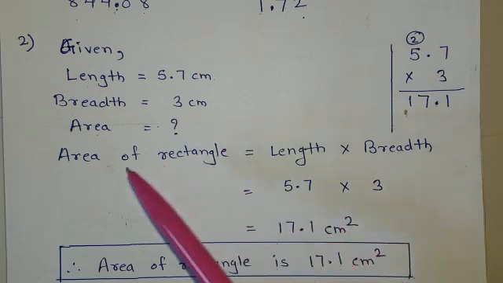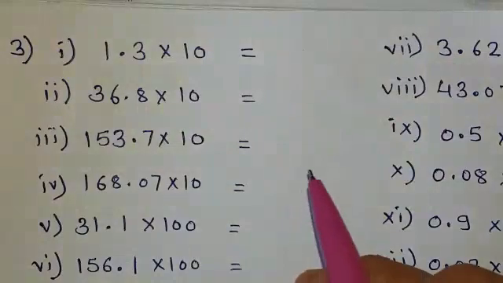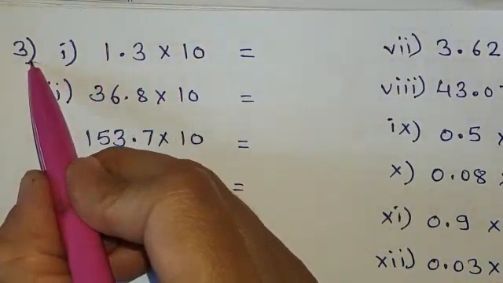And since it is the area, my unit will be centimeter square. Therefore the area of the rectangle is 17.1 centimeter square. Put a square box for your answer. So this way we have solved question number 2. Let's move towards question number 3. Now question number 3.